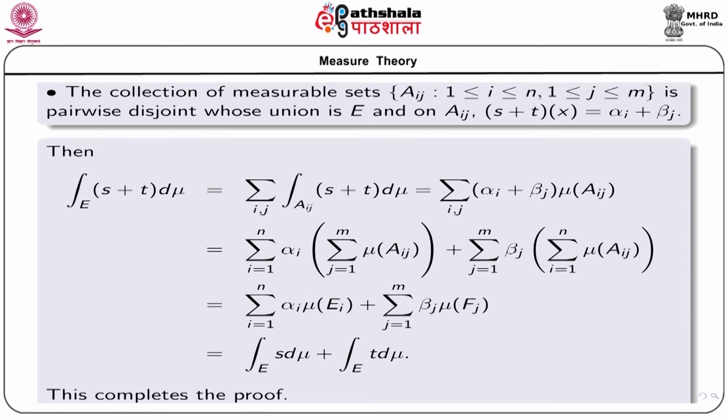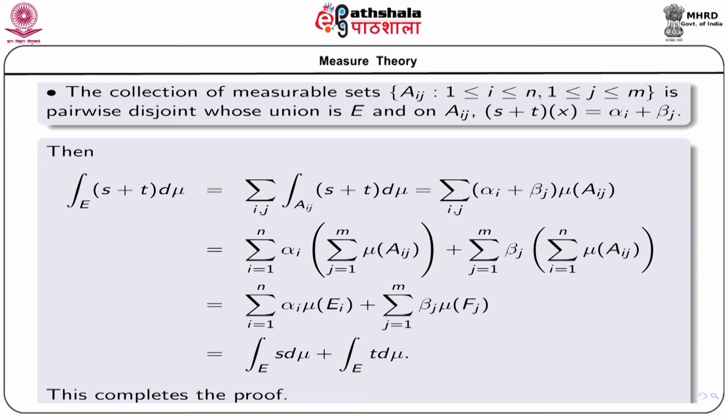Then if we compute the integral of S plus T over the set E, by definition this is equal to the sum over i and j of the integral of S plus T over A i j, because recall that the sets A i j are pairwise disjoint and their union is the set E. This is again equal to the sum taken over both indices i and j of alpha i plus beta j times mu A i j.